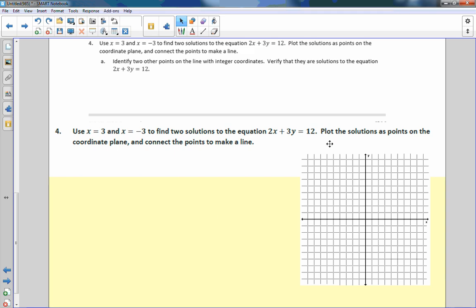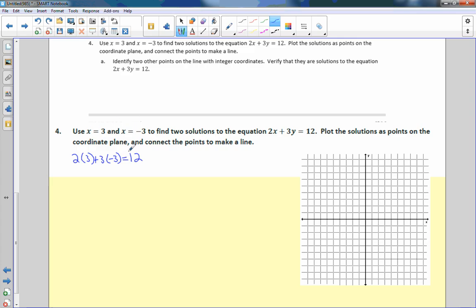All right, so here's what we need to do. Plug in 3 and -3 into this equation and plot them on the coordinate plane. So the equation is 2 times x plus 3 times y equals 12.